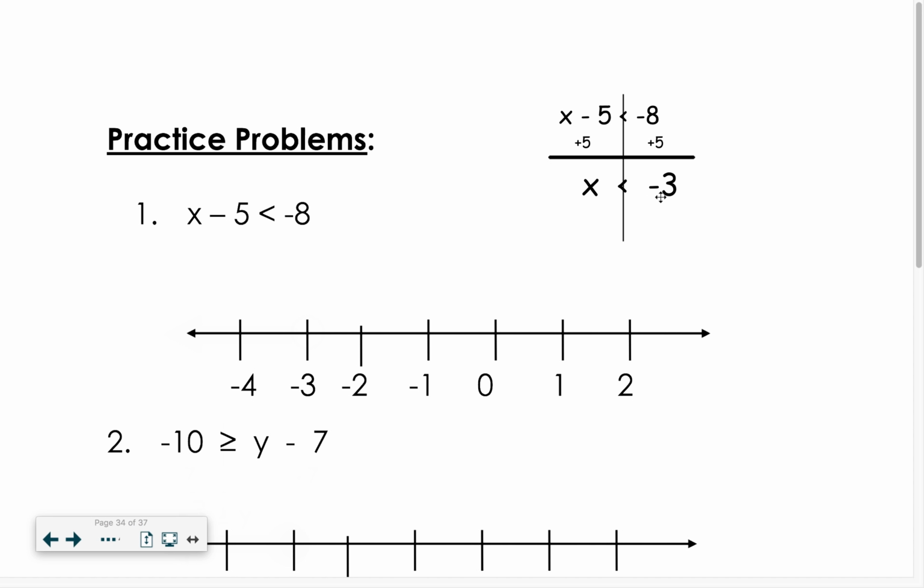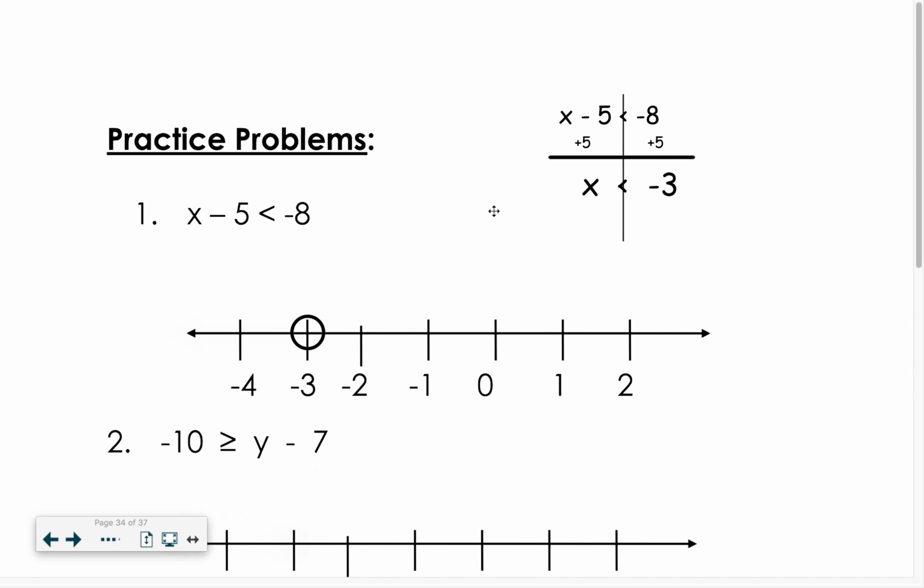Well, my answer says negative 3. So at negative 3, I make an open circle. The reason it's open is because it says x is less than negative 3, which means x does not include negative 3. So we don't shade it in because it isn't included in the answer.